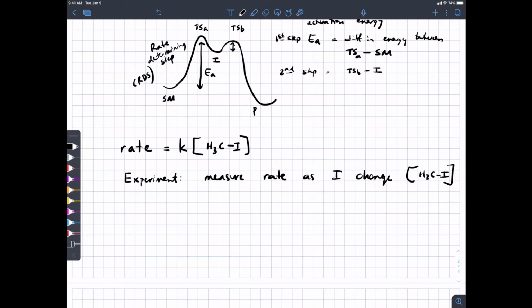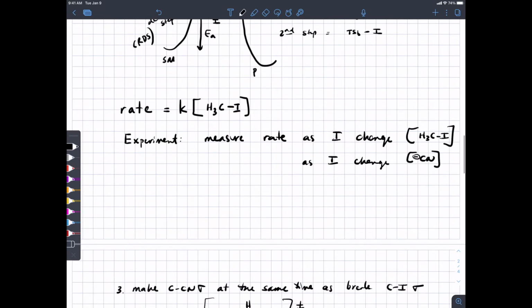And then I would also measure the rate as I change the concentration of CN minus. Now tell me, based on this rate law, what I should expect if mechanism 2 is, I don't want to say true, because in science we never prove anything true. That's a philosophical discussion we should have, but not now.